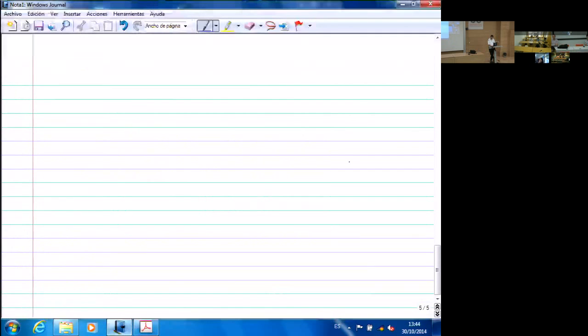If you remember the Newton method in one variable, it would be something like this. I want to find the value where this function f of x is equal to 0. The idea of the Newton method is to start at a point xk and look at its value here, f of xk.